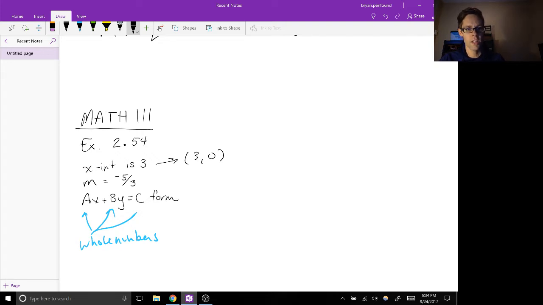And now with that, I should be able to figure out the equation of this line using y equals mx plus b form. They've given us the slope, which is -5/3, and we know that the x-intercept is (3, 0). We need to use that to figure out the value of b.